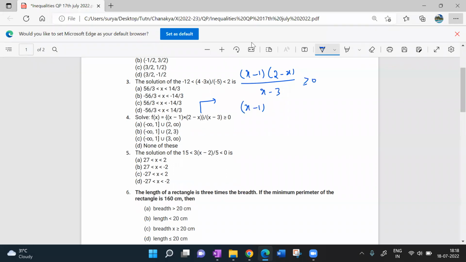So (x minus 1)(x minus 2) divided by (x minus 3) less than or equal to 0. Okay, correct. I took minus common.